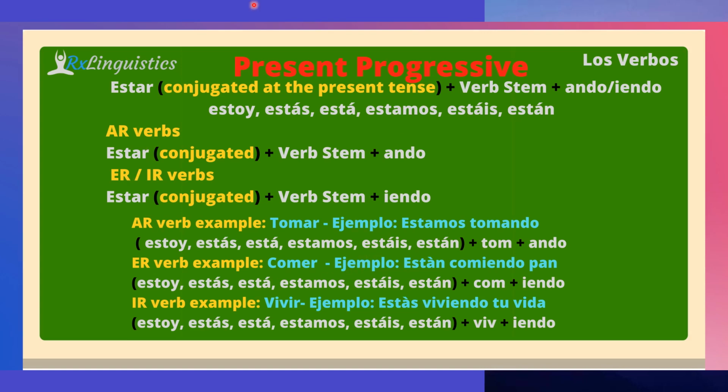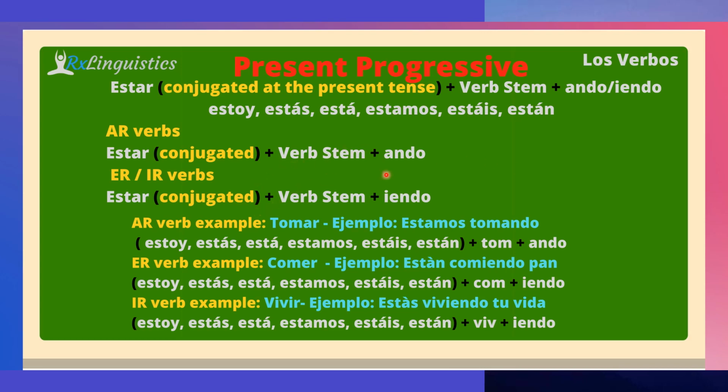If it's a past progressive, simple past progressive, you will have estar conjugated in the simple past tense. If it's a future progressive, you will have estar conjugated in the simple future tense. Okay? So the other part, the participle, does not change. It just follows it. You just use the estar conjugation, and then you add the participle.